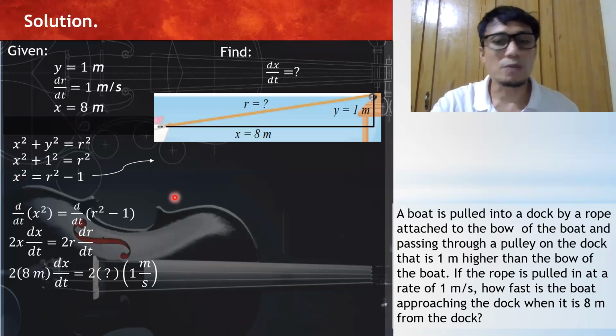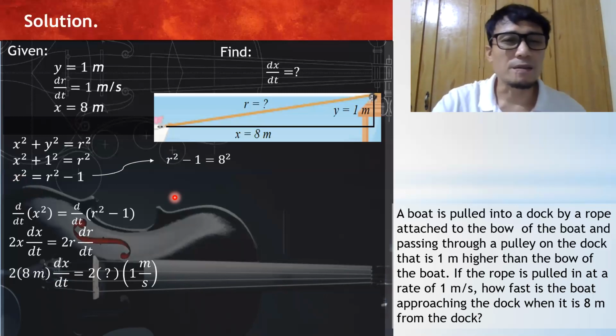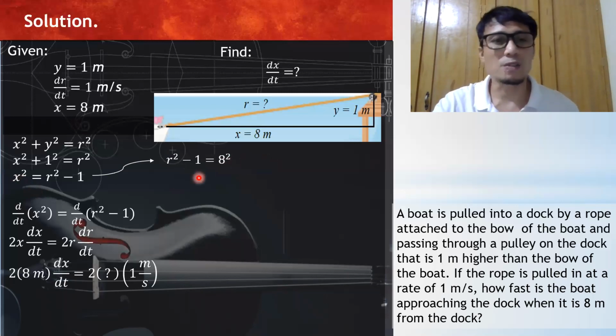X is 8 meters, so you have 8 squared equals r squared minus 1. Okay, and then this means that your r squared is equal to 64 plus 1, and your r, getting the square root of both sides, is square root of 65.